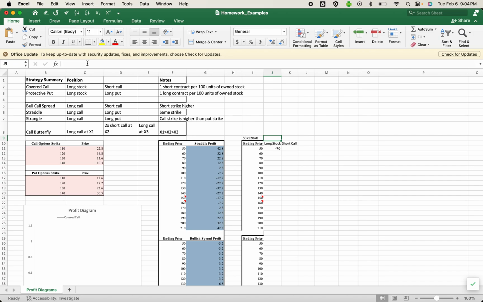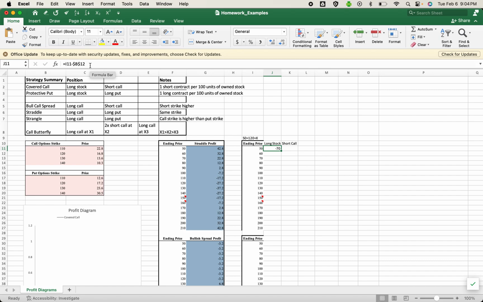We can't assume that the profit is going to be the whole value of the ending price of the underlying. The profit is going to be whatever the price is now, your reference point, and the expiration date. So since that's the case, I'm simply referring to 120. I could have easily just typed in 120, but I don't like typing in numbers. I much prefer to reference them so then I can change them later.